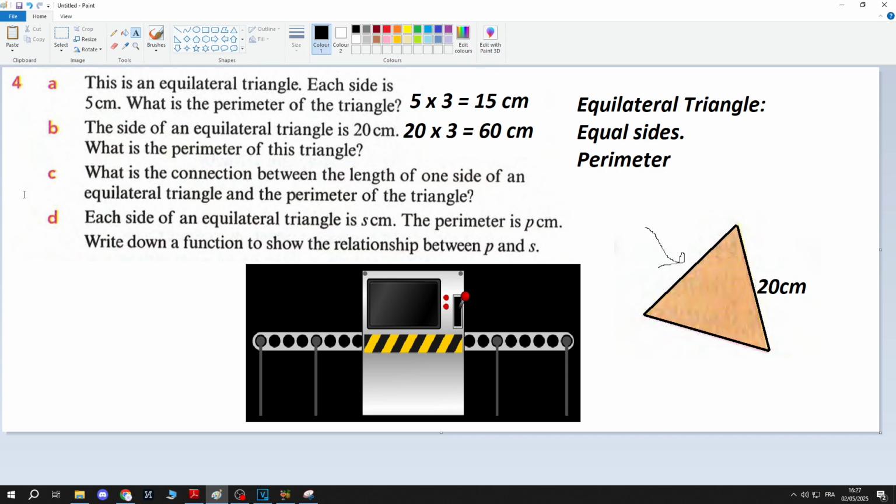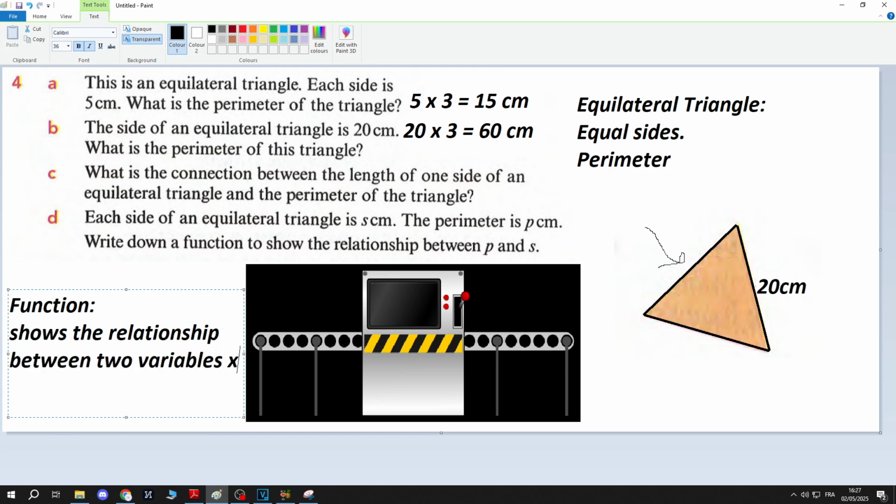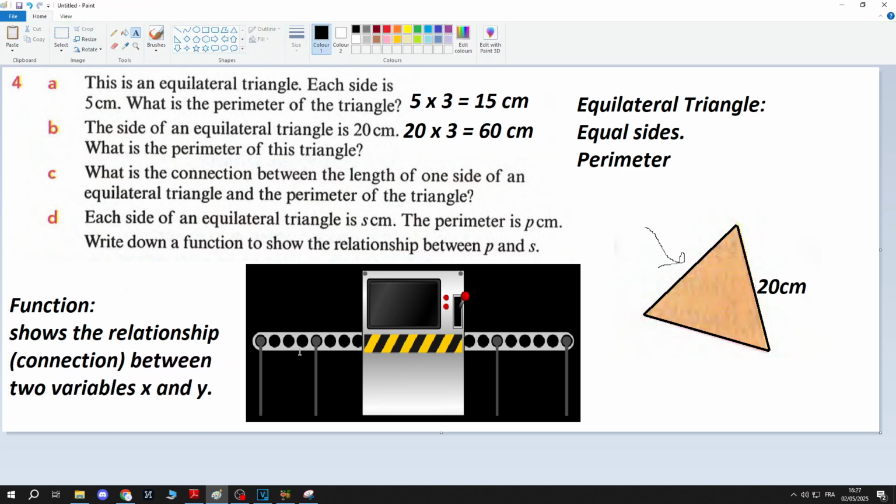Now, let's read question C, and maybe this might be a bit confusing, but let's try to first remember the definition of a function. A function shows the relationship between two variables, x and y. And another word for relationship would be connection. All right? So person X and person Y are in a relationship, therefore they have a connection between both of them.